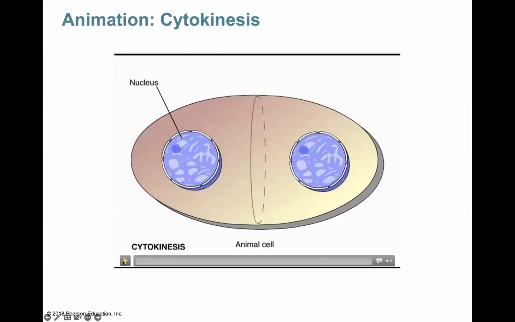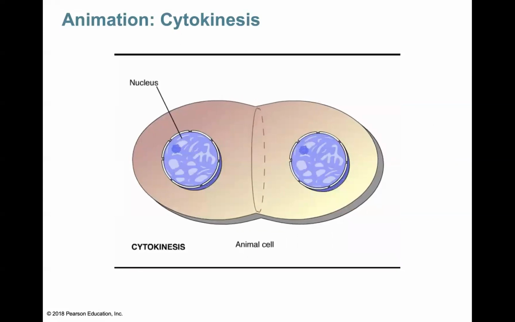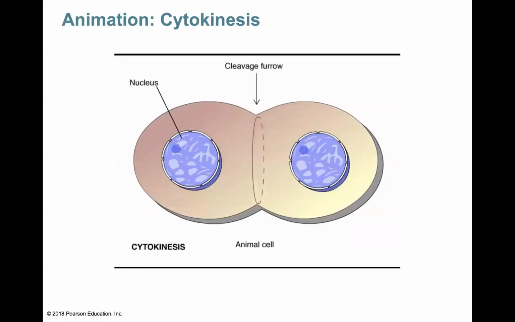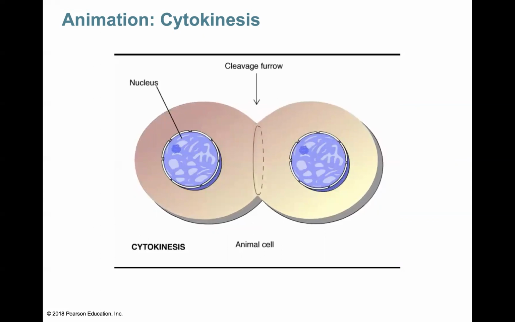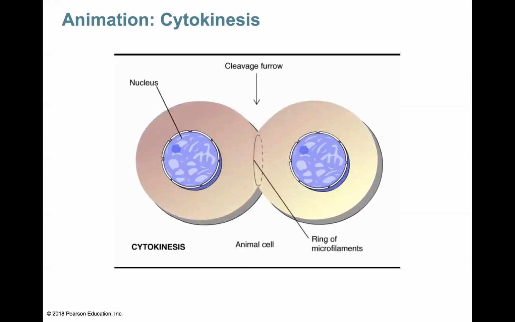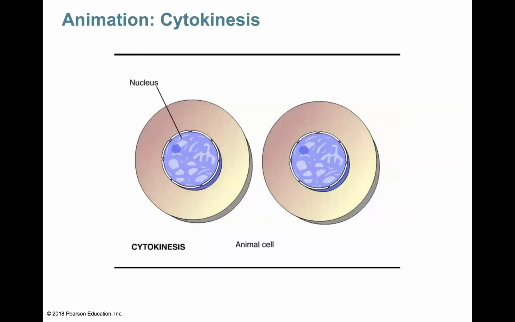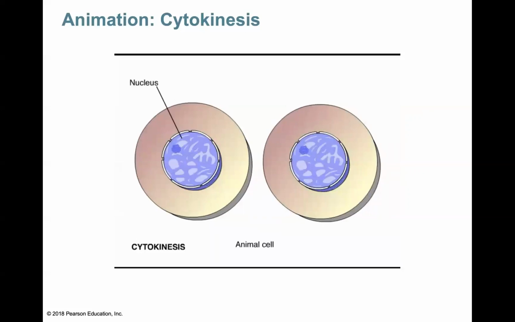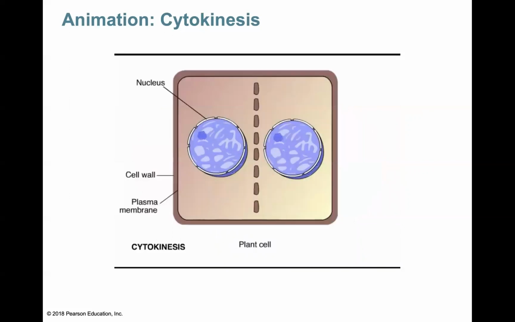Let's watch this animation here. In animal cells, cytokinesis begins with the formation of a cleavage furrow. At the site of the furrow, a ring of microfilaments contracts, much like the pulling of drawstrings. The cell is pinched in two, creating two identical daughter cells. In plant cells, cytokinesis begins when vesicles containing cell wall material collect in the middle of the cell.